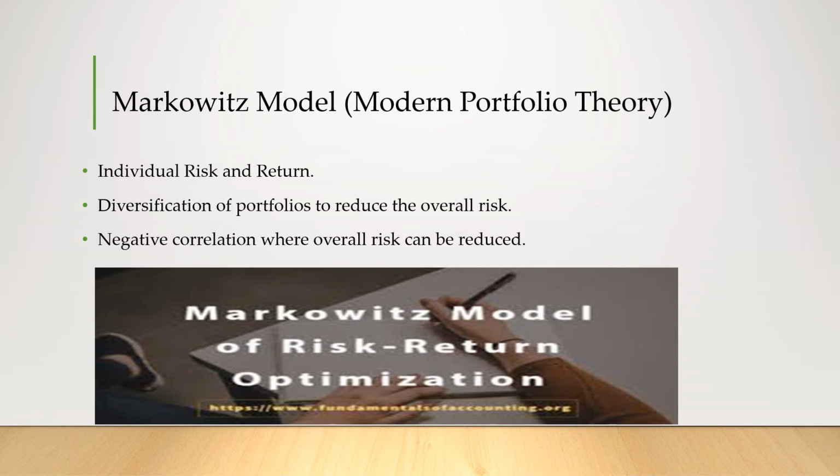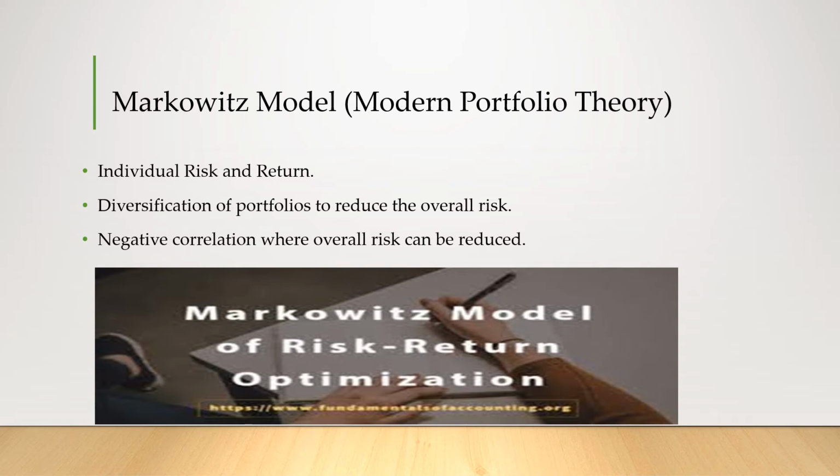If he is able to take the highest risk, then he is going to get the highest returns. So for a given level of risk, the expectation of yield or the highest return can be obtained. That is, it all depends upon individual risk and return. How much the individual is going to risk, based on that level, he can expect the returns. So this is the first point about Markowitz model, that is individual risk and return.